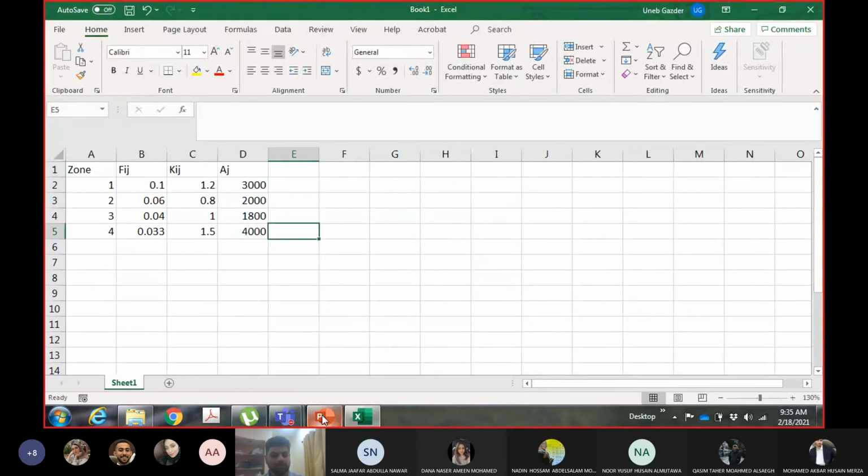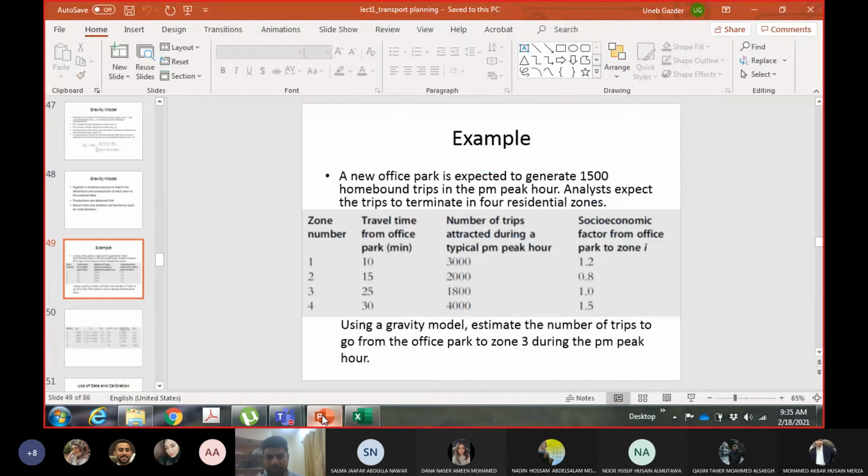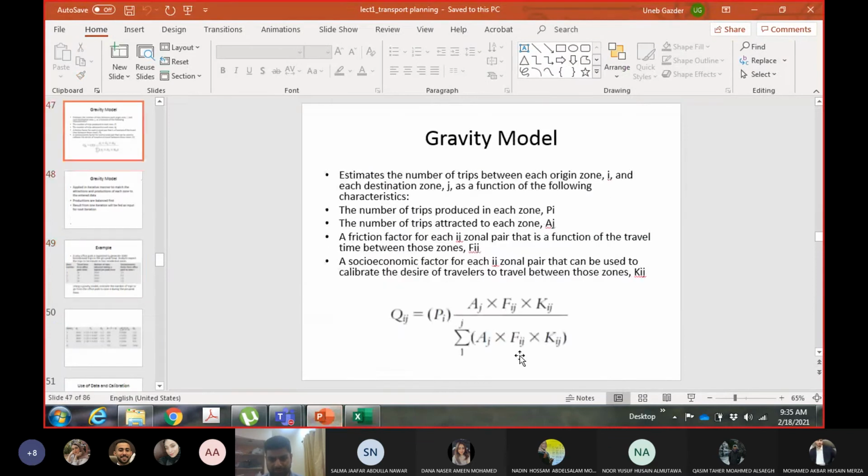Now we have to calculate this factor first, the denominator, because then we have to take the summation.